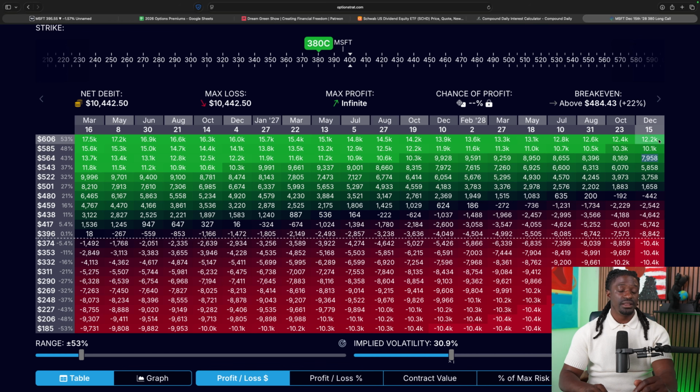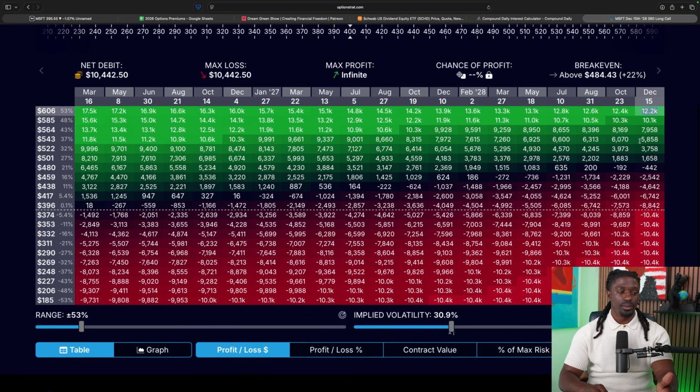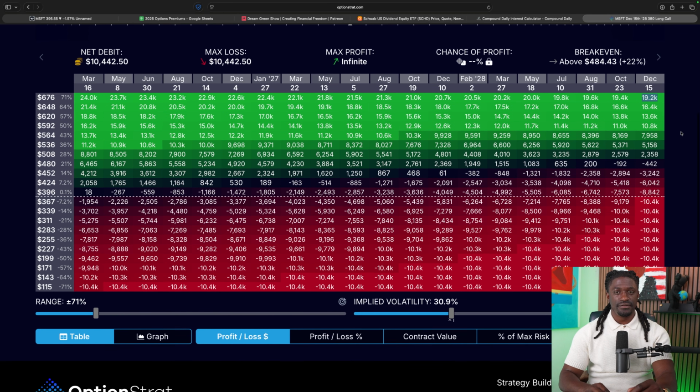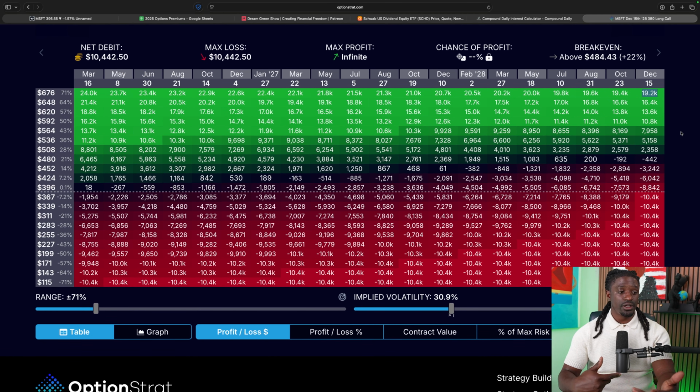And if it goes up anything and makes new all-time highs, we can see a return of $12,040. We can see a return of $12,200 on Microsoft. Now, Microsoft could do some crazy stuff and go up maybe like 70%, 71%, and you can make $20,000 off your $10,000 investment. So you'll walk away with 30K.